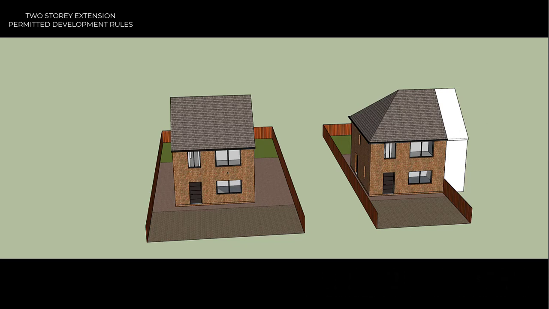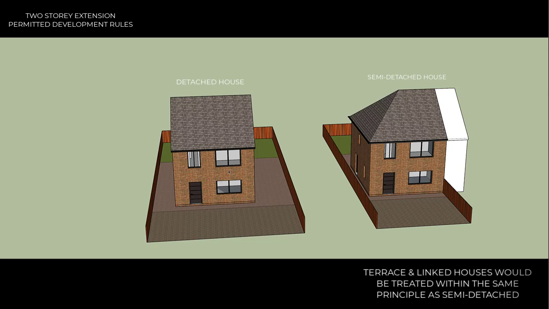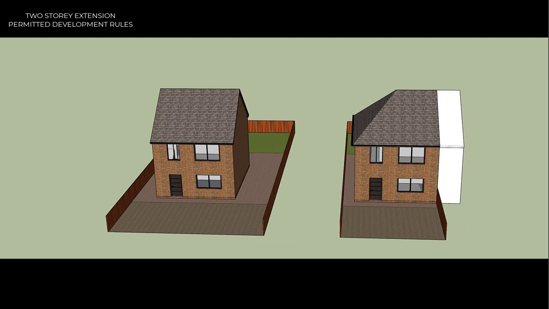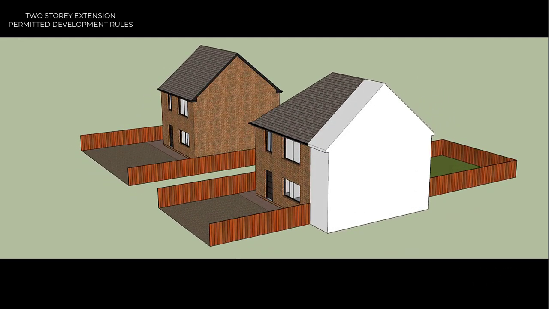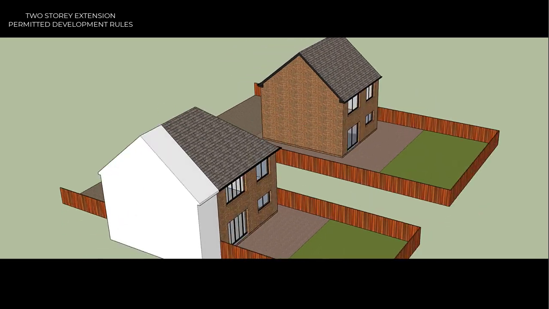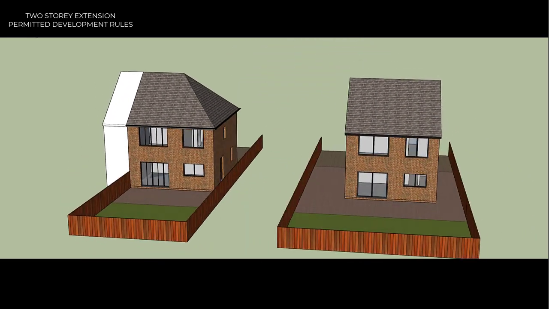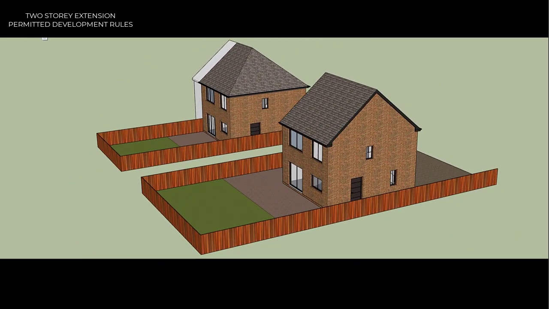Here we have two average-sized houses, a detached and a semi-detached. A link detached and a terrace would come under the same realm as a semi-detached. So we have a front elevation, a side elevation, a rear elevation, and our alternative side elevation.